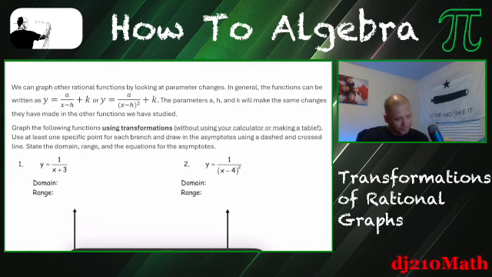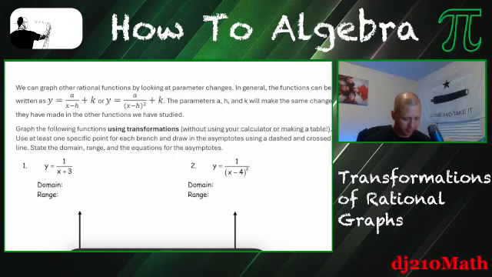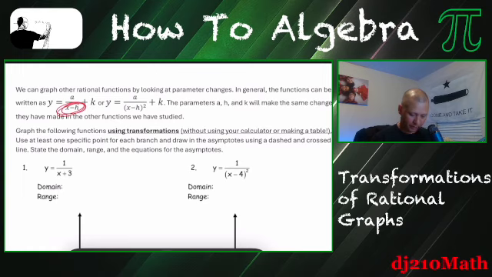When you transform these, your typical transformation rules apply. Inside always lies. What do we consider the inside part? The inside part is whatever's next to the x. It's always opposite of what you think. x minus h is going to shift to the right if h is a positive number.